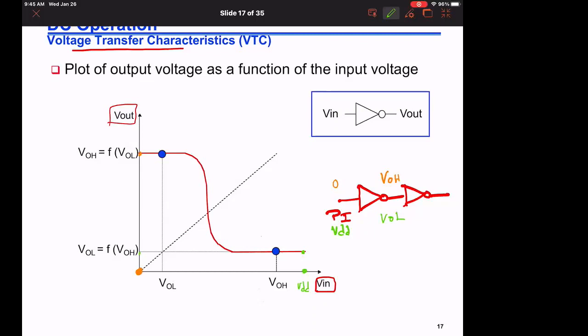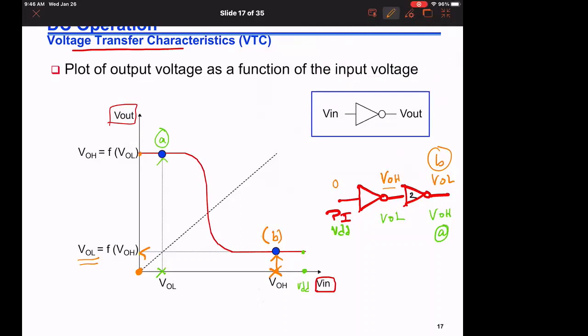Now for inverter number 2, when my input is VOL, my output is going to be VOH, and I'm going to call this point A. Then when my input is VOH, which is here for inverter number 2, my output is VOL, and this is going to be point B. So inside my circuit, I have VOH and VOL, and they are inverting: VOH is becoming VOL and VOL is becoming VOH, and so on.